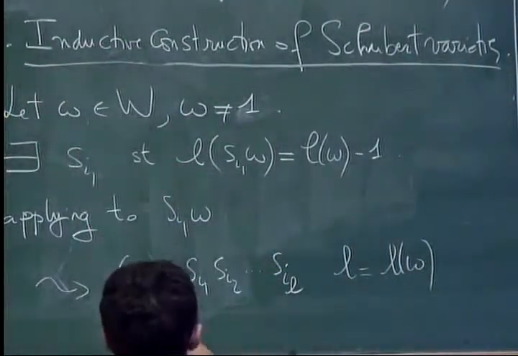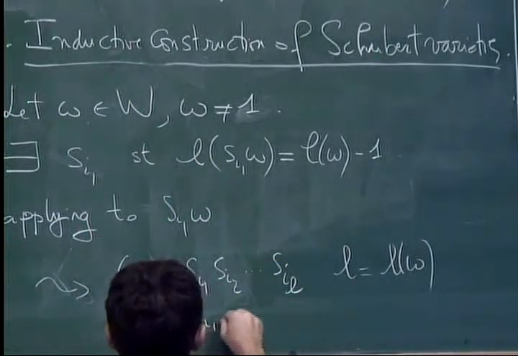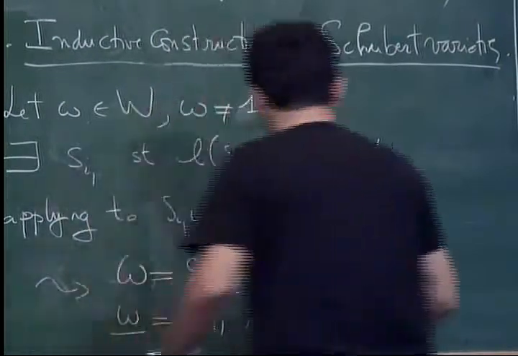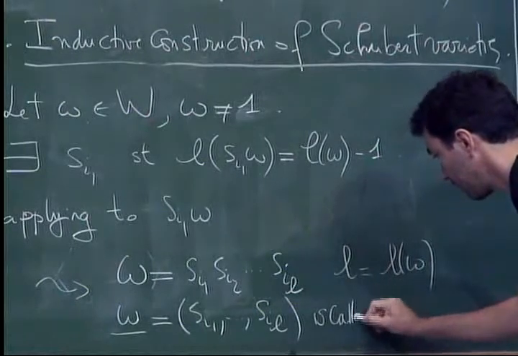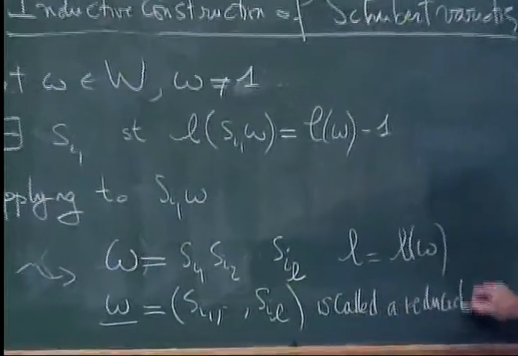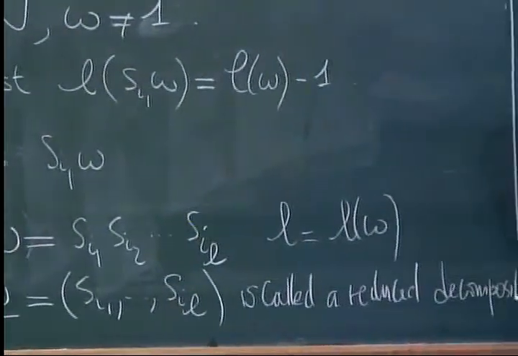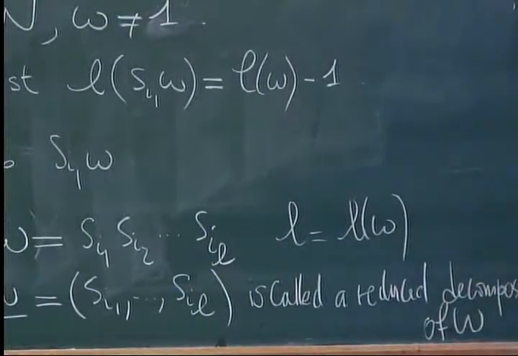You cannot do that in a unique way. In any case, the collection s_{i1} up to s_{il} is called a reduced decomposition of w.